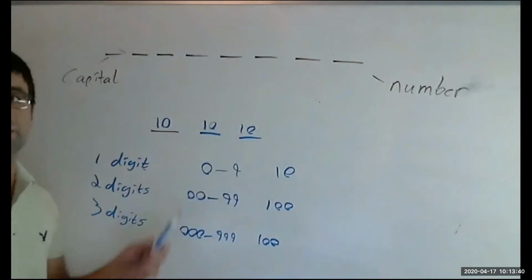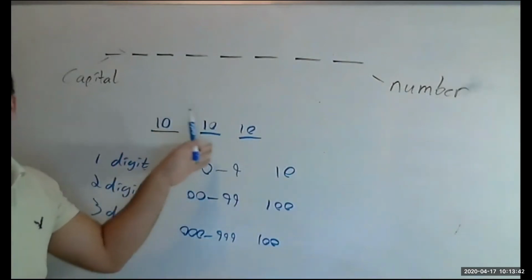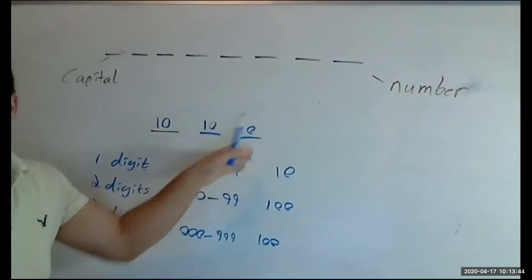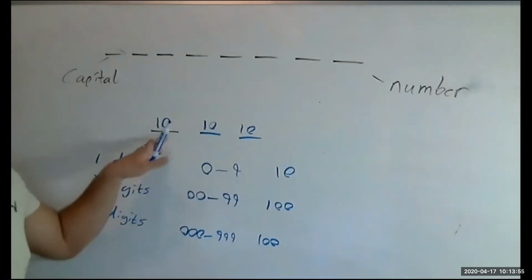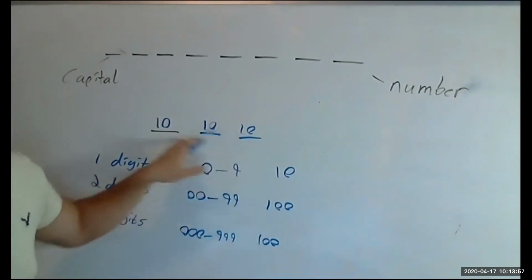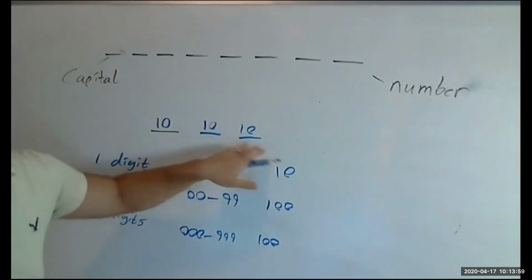So the idea is for each location, you have a certain number of possibilities for that space. For each one, if we're just doing numbers, there's only 10 possibilities.